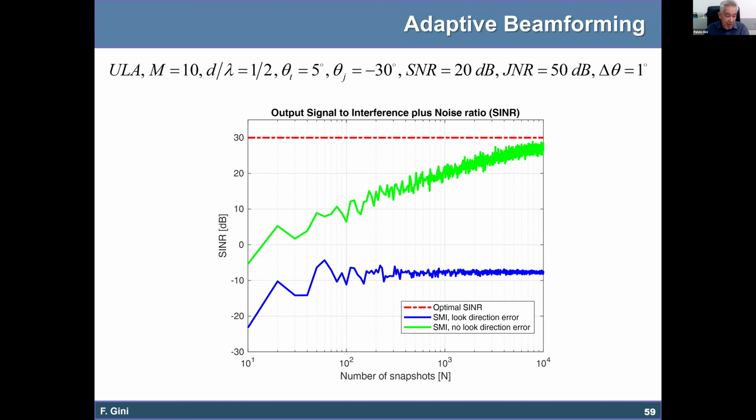So you select some angles on a grid, but there is no guarantee that the true direction of arrival is on this grid. And so the possibility of a look direction error is always there. It's pretty realistic.